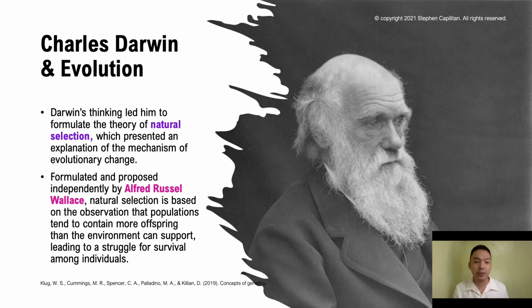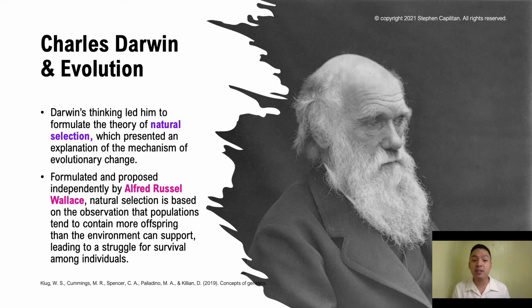And very importantly, this person on your right formulated the theory of natural selection, presenting an explanation of the mechanism of evolutionary change as he went along his HMS Beagle expedition to the Galapagos Islands and different parts of the world. He formulated and proposed natural selection.